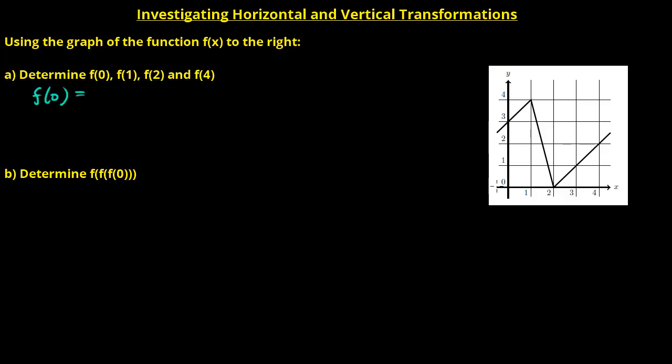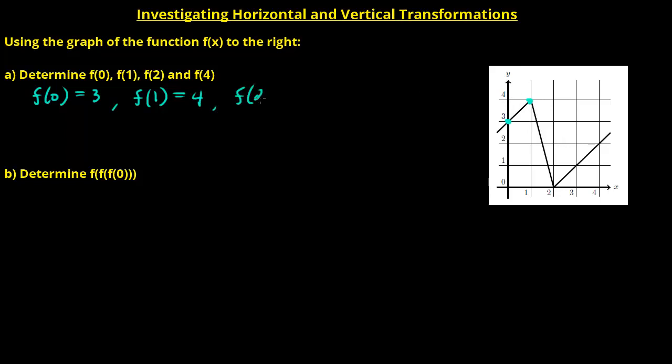So if I want to evaluate f of 0, I look at the y value of the graph when x is equal to 0. So f of 0 is just equal to 3. If I wanted to evaluate f of 1, I would go to an x value of 1 and figure out what my corresponding y value is. F of 1 is equal to 4.